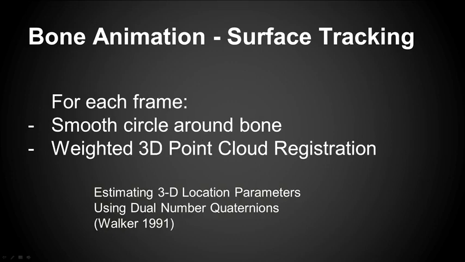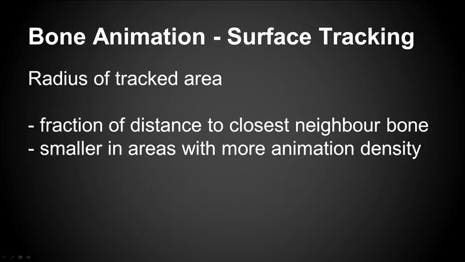The reason we do this is that the skin is tracked, which means that for the position, it's really not a problem. But we need the rotation, and we need an average rotation for the area that we are looking for. Because at that point, we don't have the precise skinning weights yet, so we don't know the precise regions. If we were using just a circle on the skin, how do we define the radius of the circle?